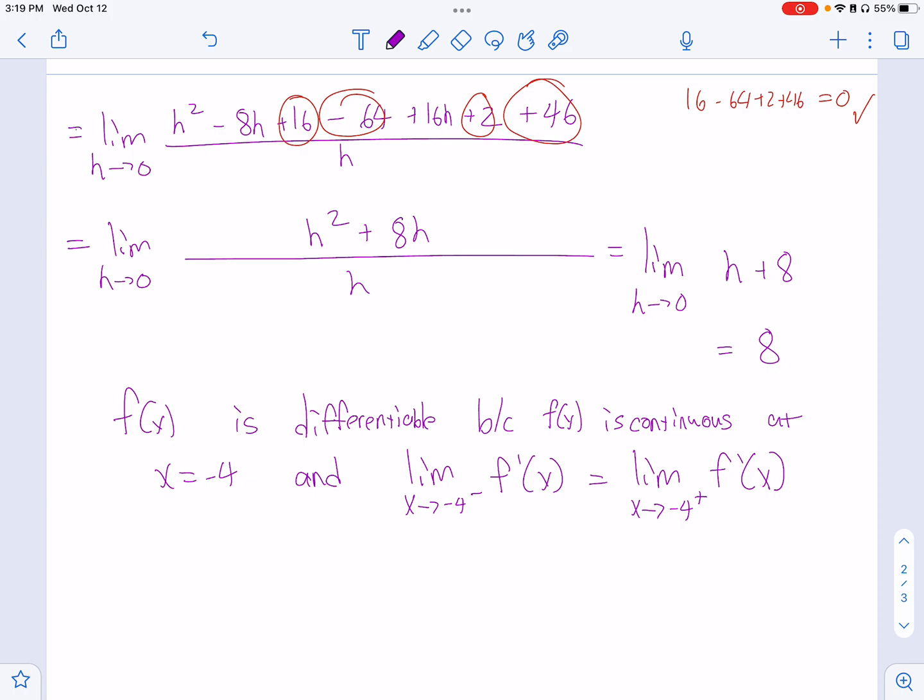And everywhere else, it's a polynomial, and polynomials are differentiable everywhere.